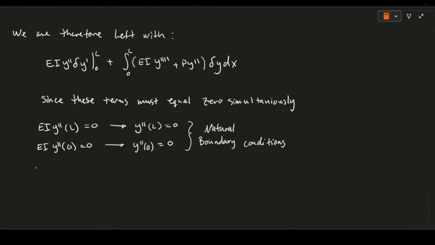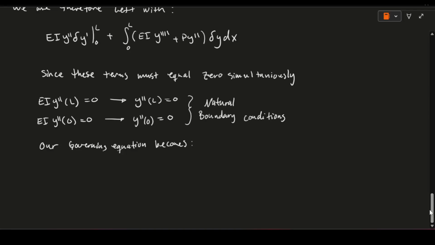Our governing equation becomes EI y prime prime prime prime plus P y prime prime is equal to 0.